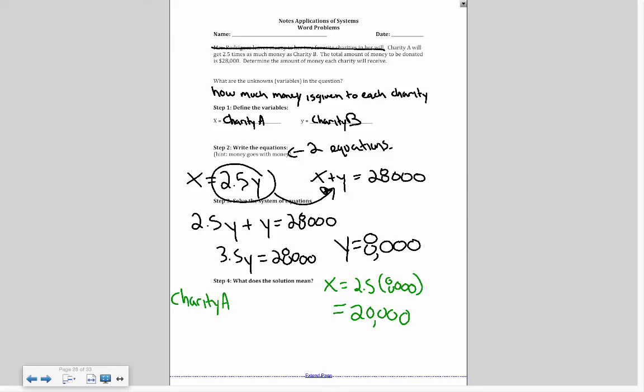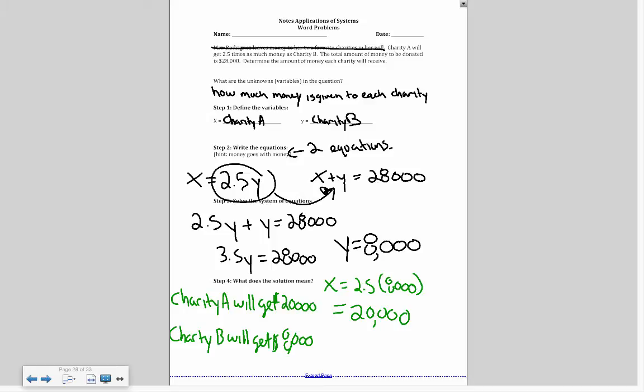Charity A will get 20,000. Charity B will get 8,000. So that's how you would solve that type of system of equations.